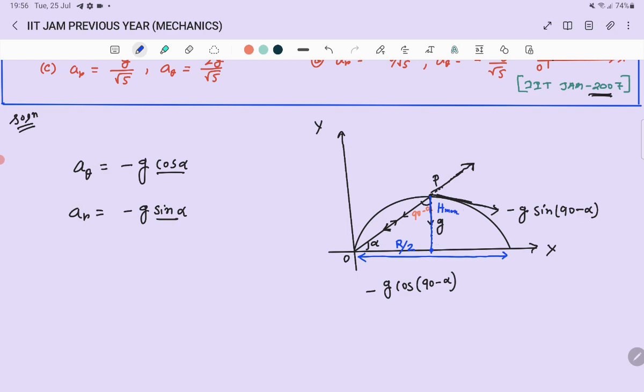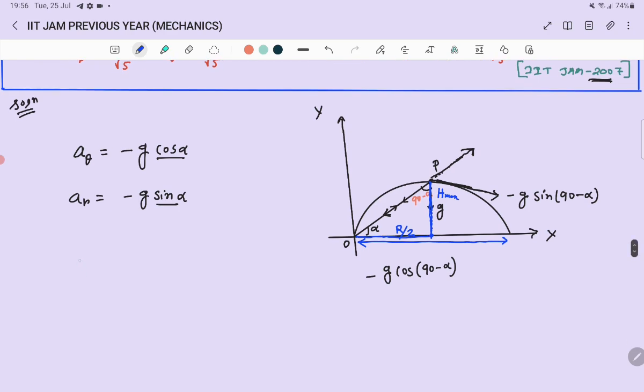You can find alpha using this triangle. Tan alpha is perpendicular, H max, divided by base, R by 2. So tan alpha is 2 H max by R.